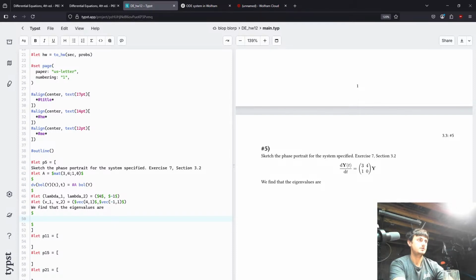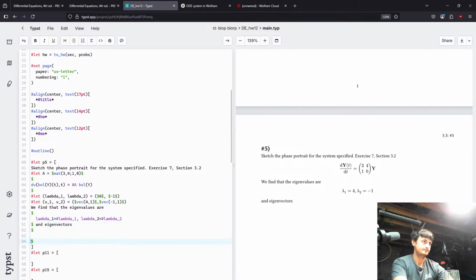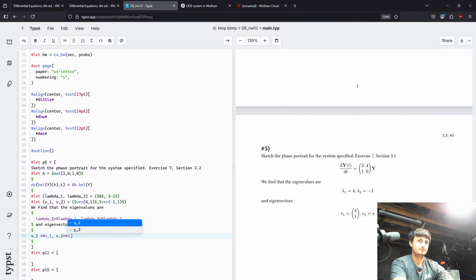Then we just want basically lambda 1 equals lambda 1.